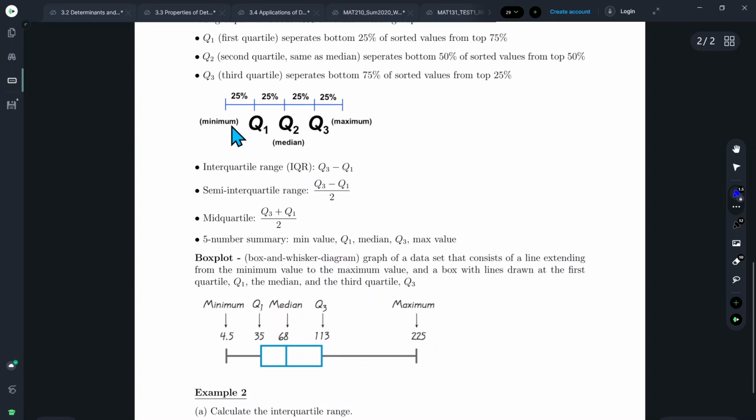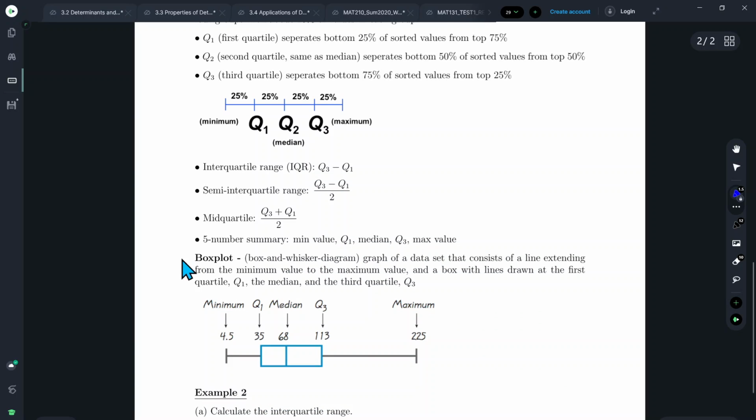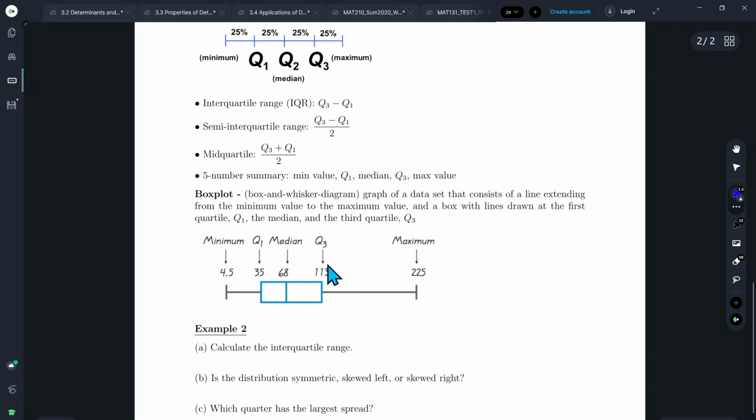And then together, these 5 numbers, the minimum, Q1, median, Q3, and maximum, are called the 5-number summary of a data set, which we can visualize in the form of a box plot, sometimes called a box and whisker diagram, right? So the actual data values are arranged according to where they should be on the number line.